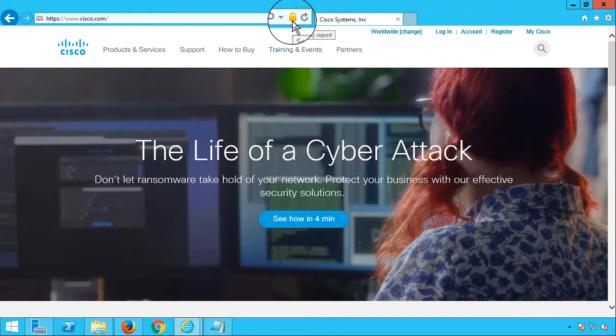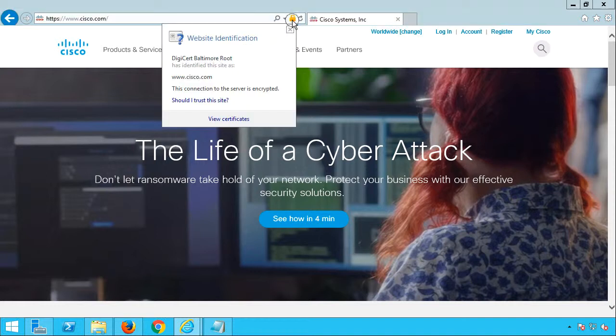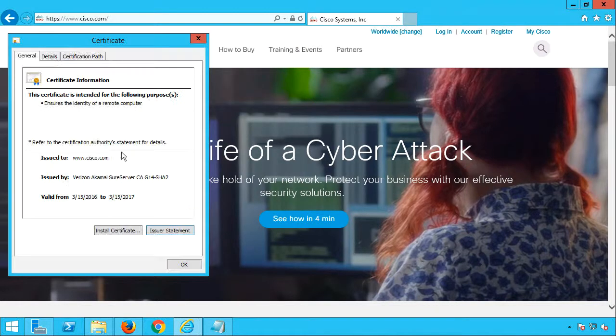And in our browser, we're going to click on the security report, the lock that's here, and we can click on View Certificates, and this will open that certificate up for us. And the way that we can tell that this is a valid certificate is that it was issued to Cisco.com, but it was issued by this Verizon Akamai secure server, so it was issued from a trusted third party.